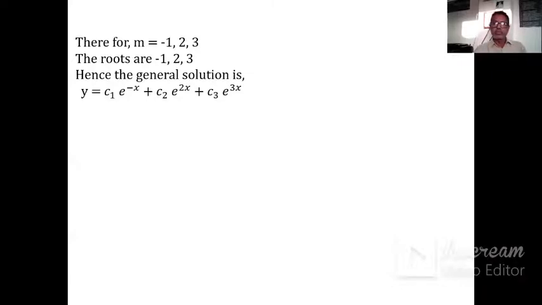You remember the technique: rearrange the given differential equation and write it in the form f of D of y is equal to 0. From this take f of D. Then from this consider the auxiliary equation f of m is equal to 0. This is a polynomial in m. Use our technique to factorize it.